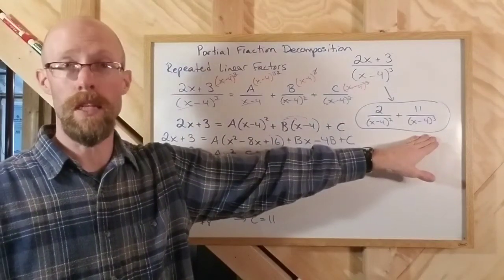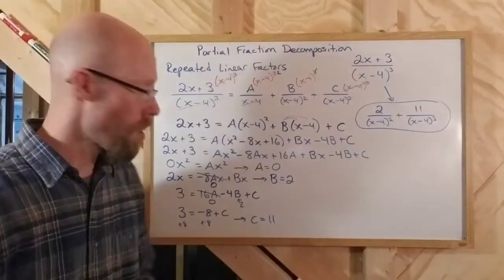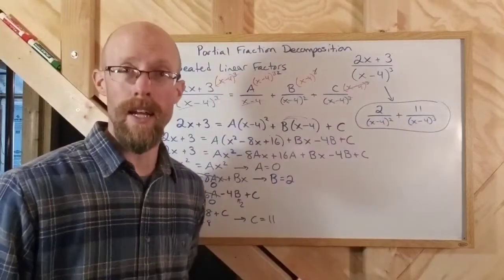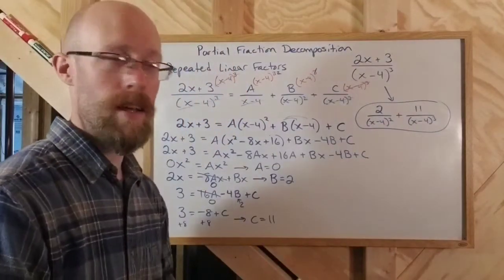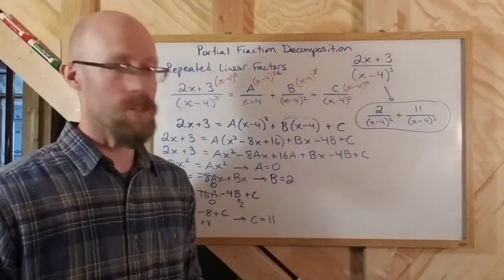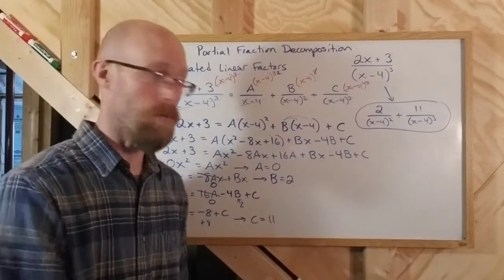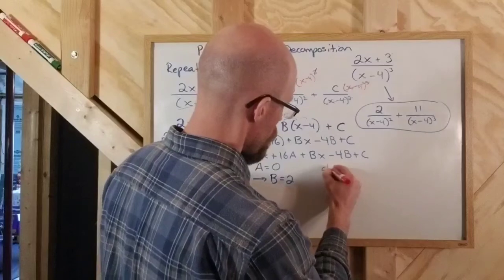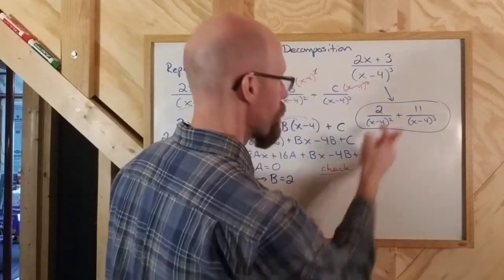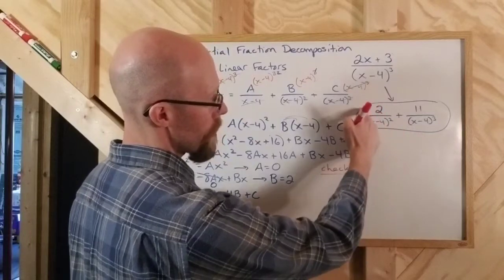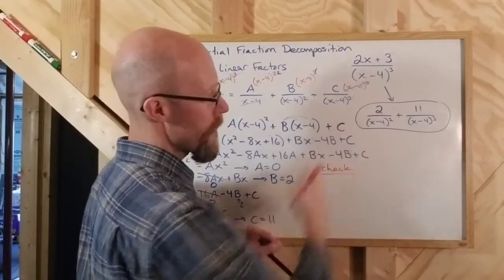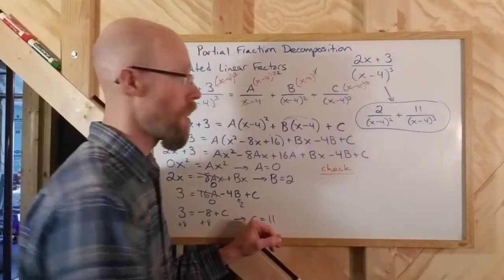All right? And now if I wanted to verify that this original fraction separates or decomposes into these two, all I need to do is get an LCD and add them back together. Maybe as a quick check, I'll go ahead and run through that. Again, I wouldn't ask you to necessarily do this, but I think it's good practice to check these. So as a check, to get an LCD, I just need to multiply the top and bottom of the first fraction by x minus 4 to get the third power of that.